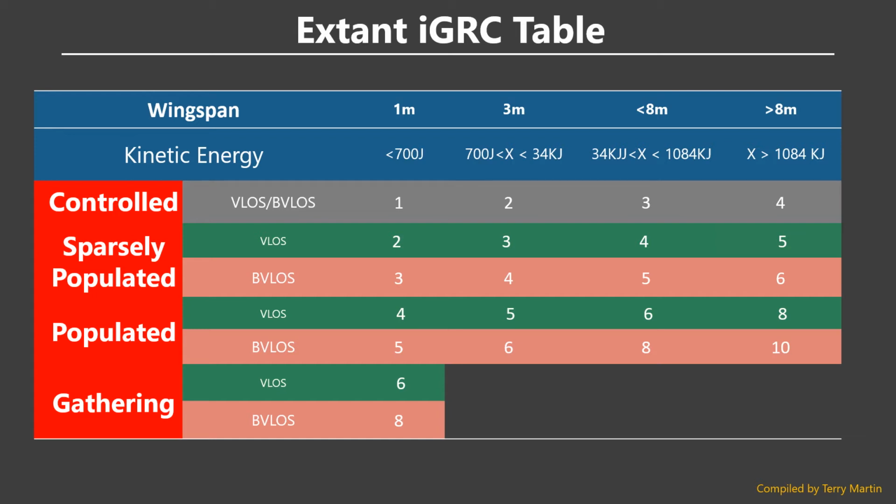So the consequence is the same, but to simplify the table and better reflect this, we're proposing to move VLOS to the mitigation treatments, for which, with some nominal expectations for VLOS ops, you'll get a -1, and that will simplify the IGRC table.